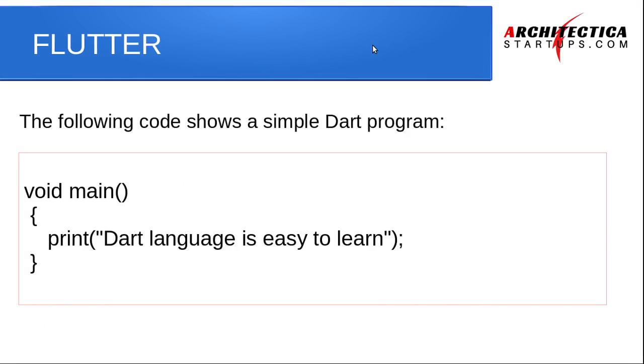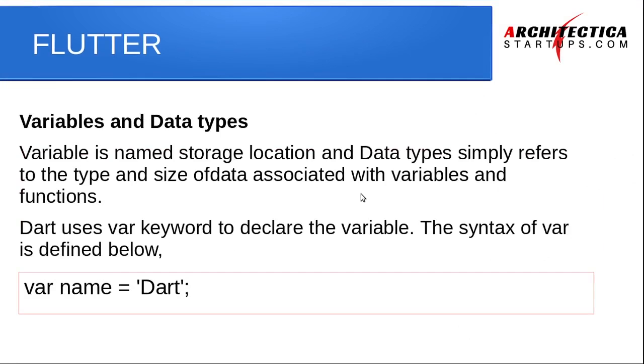So let's move forward. How can we define variables in Dart? A variable is a named storage location, and data type simply refers to the type and the size of data associated with variables and functions. Dart uses the var keyword to declare a variable.